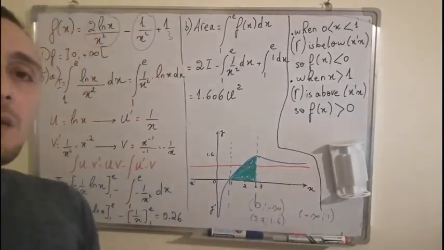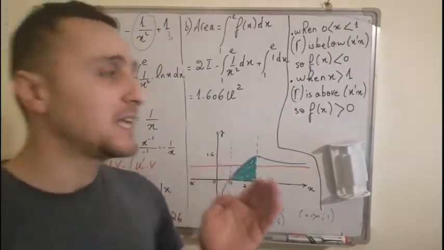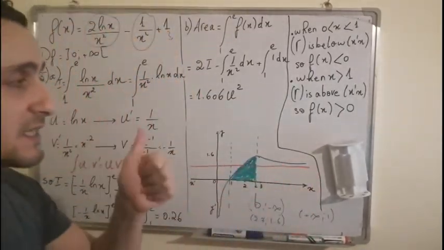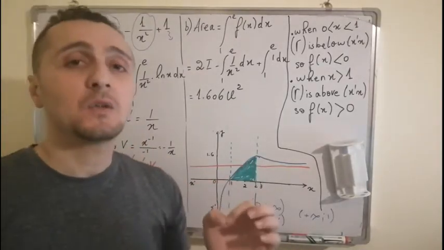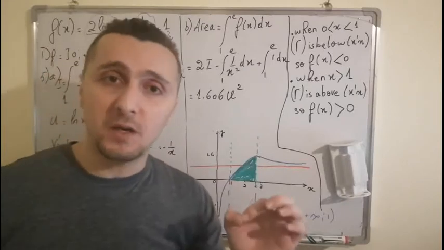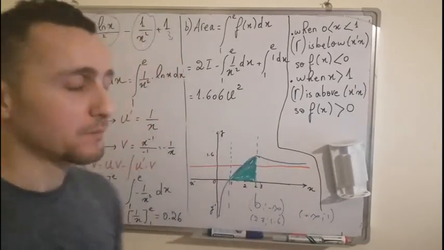5b, calculate or deduce the area of the region bounded by the curve C, the axis of the abscissa, and the two straight lines of equation x equals 1 and x equals e.